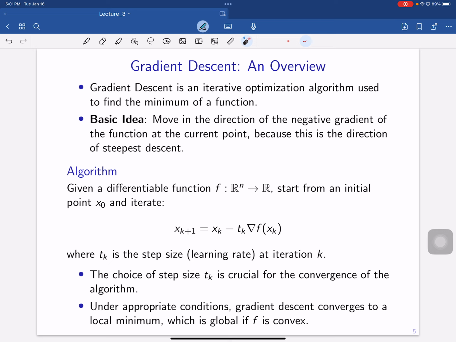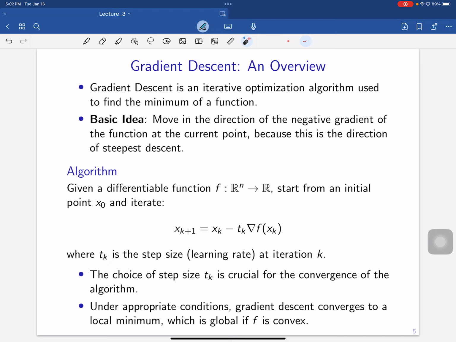It's nothing but the step size of going along the negative gradient direction. The learning rate in those software packages is nothing but this parameter tk here. And the choice of the step size tk is really crucial for the convergence of the algorithm.